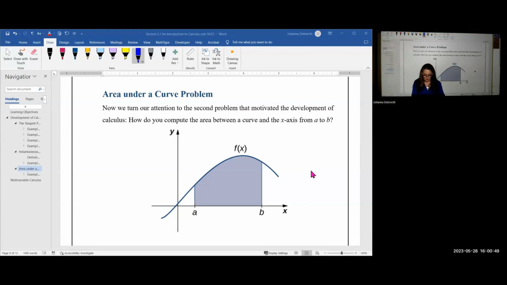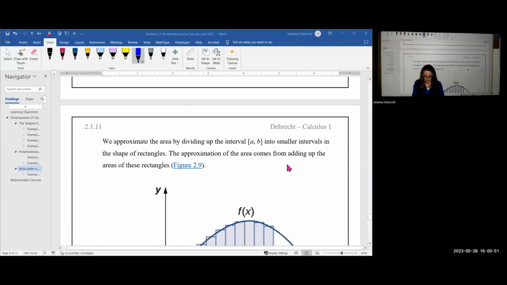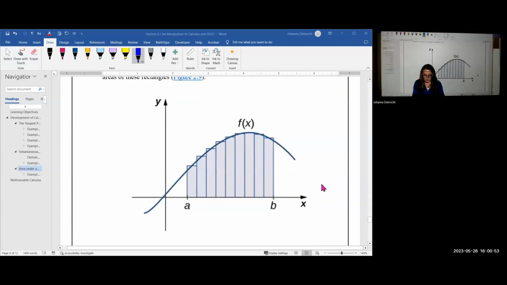What was discovered was that one of the best ways to do it was to use a series of rectangles. And you can see here, this is called a Riemann sum, which we'll be studying at the beginning of chapter 5 when we begin our study of integrals.